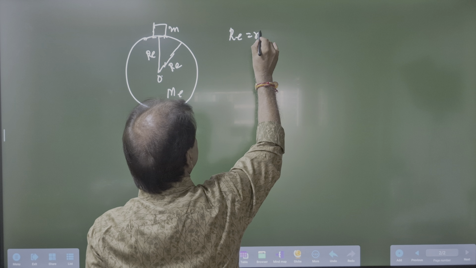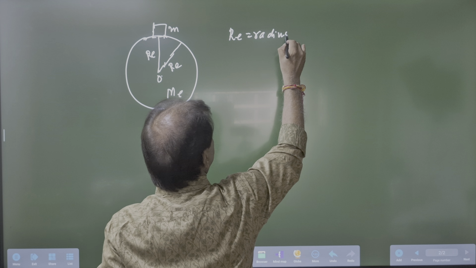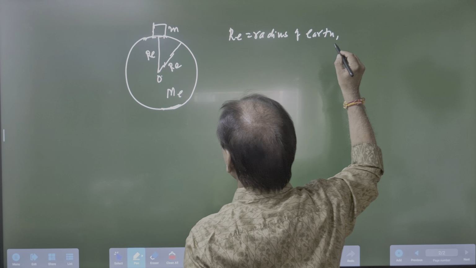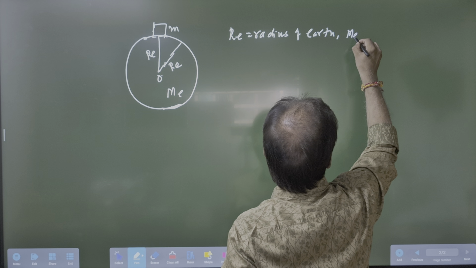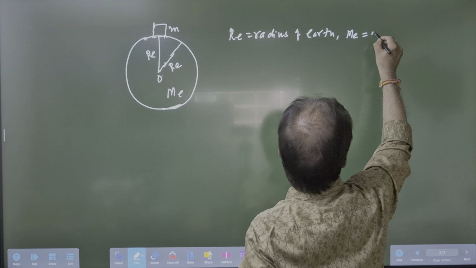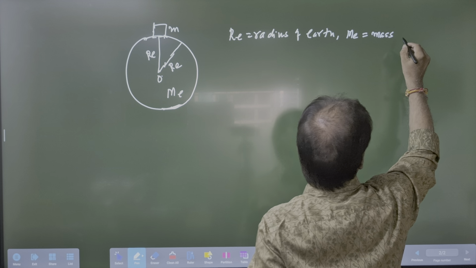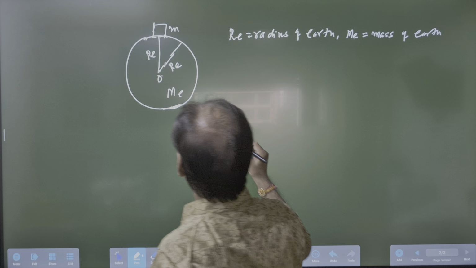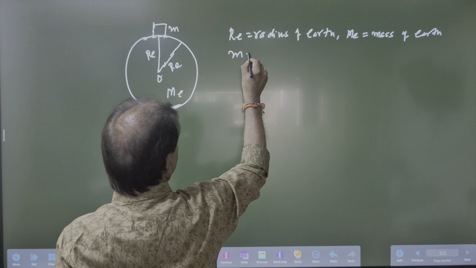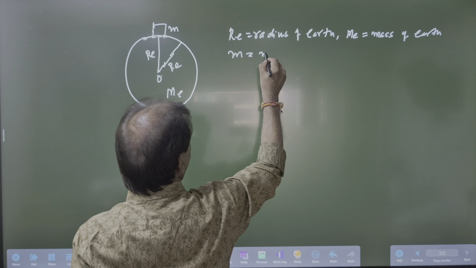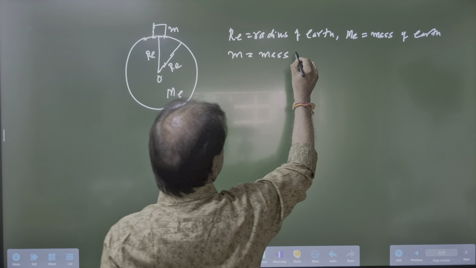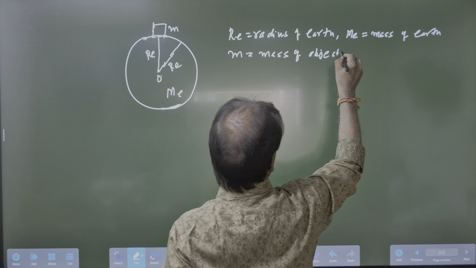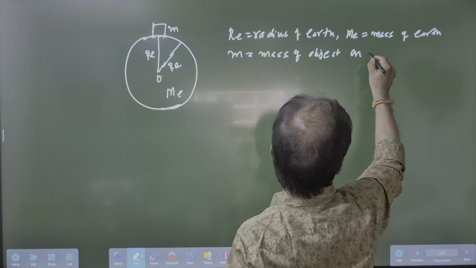RE is the radius of Earth, ME is the mass of Earth, and M is the mass of the object on Earth.